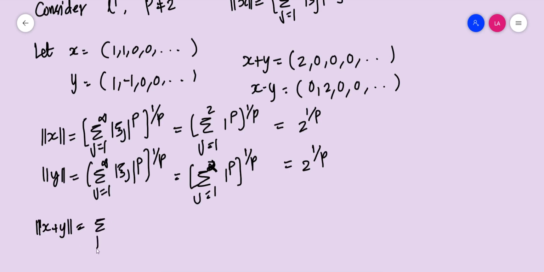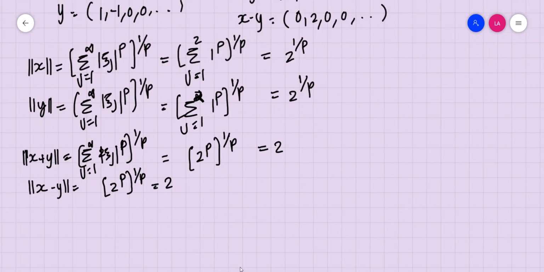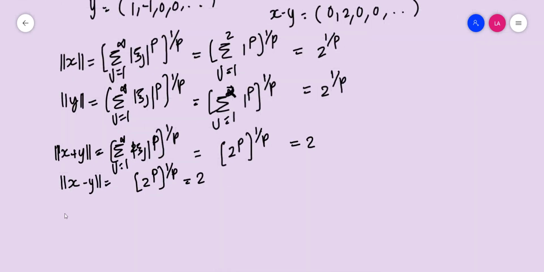So the norm is 2 raised to p, the whole raised to 1 by p, which is equal to 2. Similarly, the norm of x minus y also contains only one non-zero element, 2, and all the other elements are 0, so it is also equal to 2 raised to p, the whole raised to 1 by p, which is equal to 2.